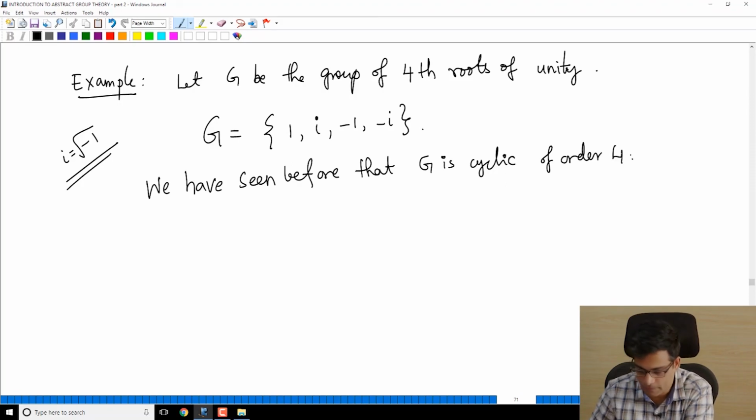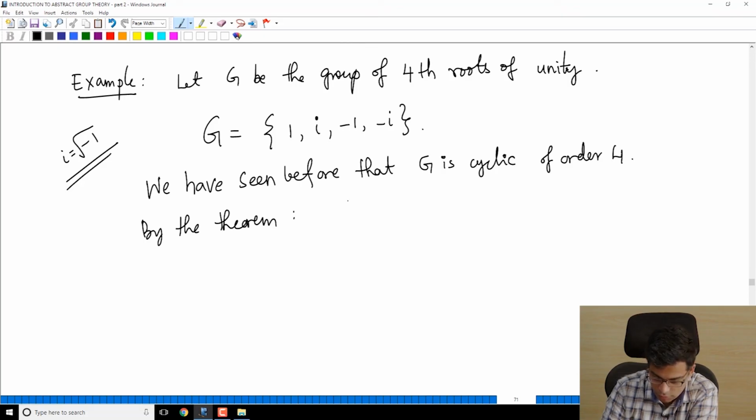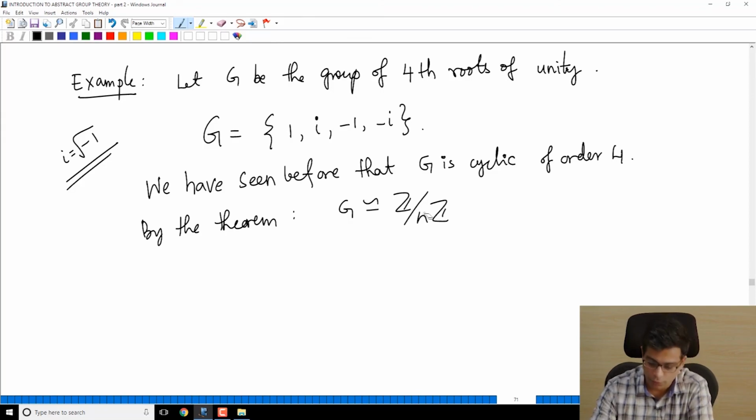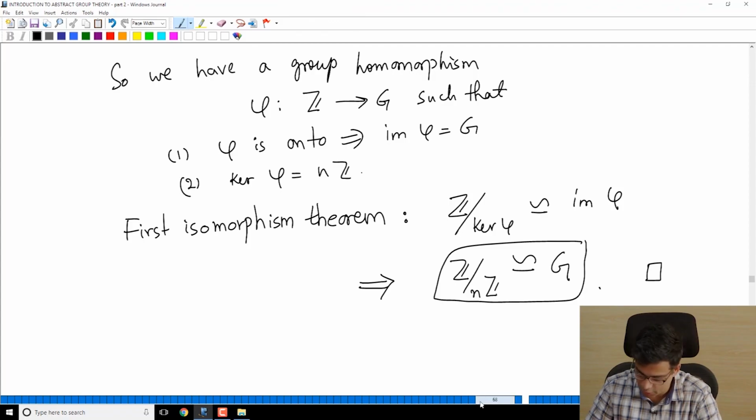So G is cyclic of order 4. So by the theorem, G is isomorphic to Z mod nZ, so Z mod 4Z.